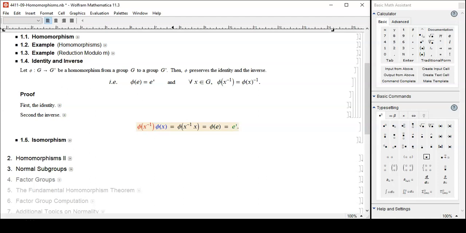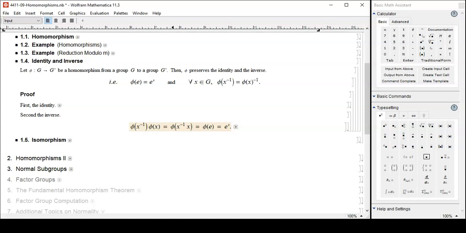In order to prove that, we can manipulate this left-hand side using the fact that phi is a homomorphism. Put these together because it preserves the group operation. And x inverse x is E, so that we have E prime. Yeah, we get what we want. Let's elaborate it like this. The same operation: phi of x inverse times phi of x is phi of x inverse times x, so that's phi of E, so we get E prime.